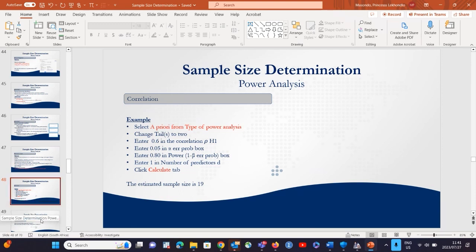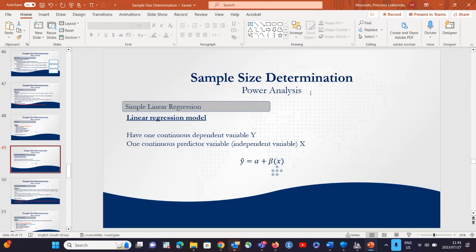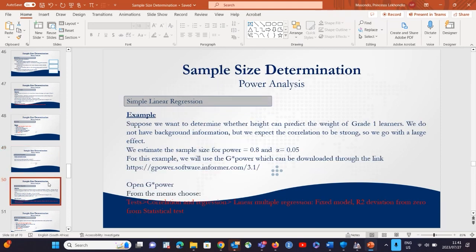And then another example is if you are doing regression analysis, right? Here we start with one variable, which is like a simple linear regression. So we continue with our example of height. We want to look at the relationship between the height and the weight.